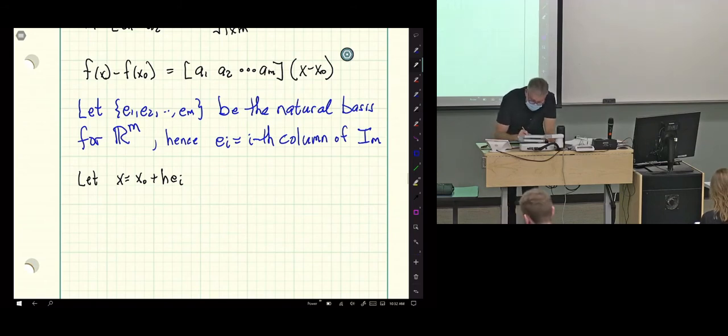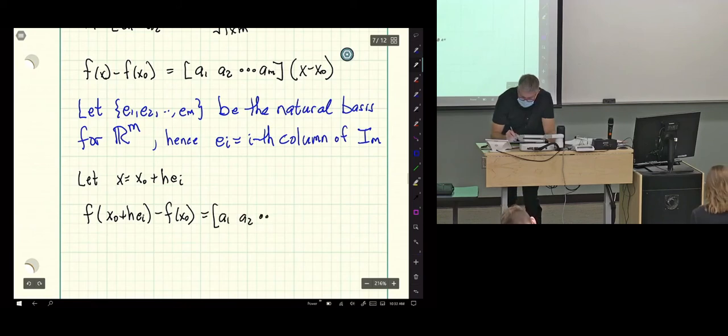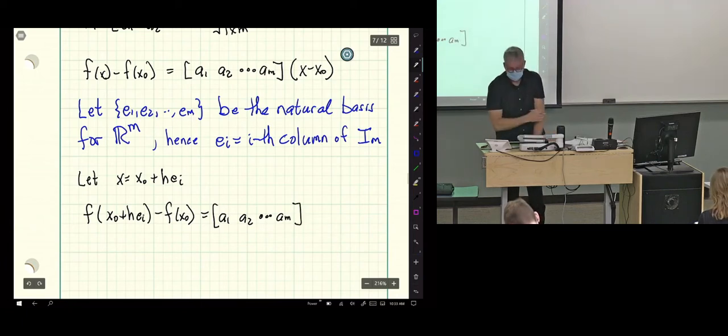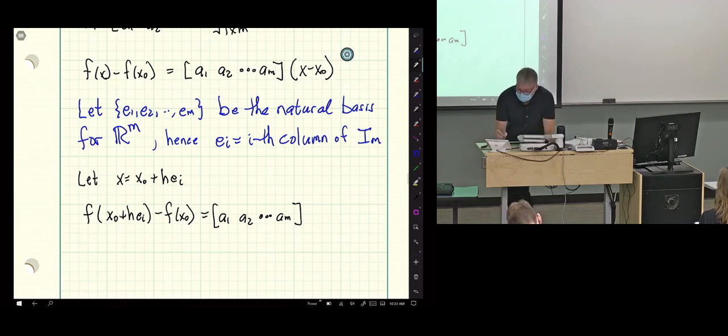Well, if I do that, then I've got f of x0 plus h times Ei minus f of x0 is a1, a2, am times x minus x0. So all we did was substitute in for x.